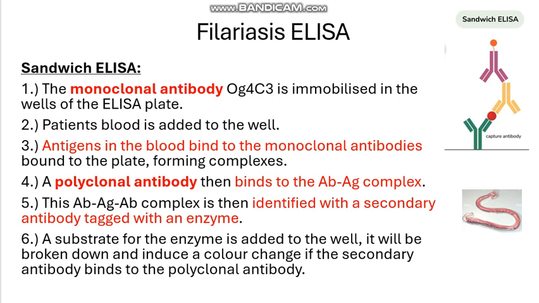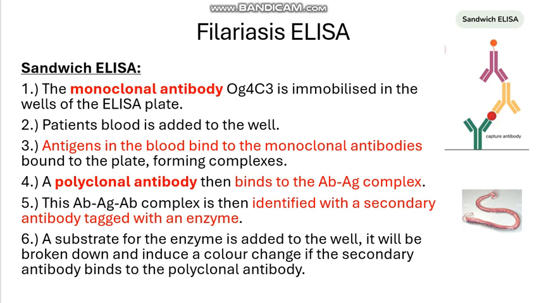A polyclonal antibody would then bind to this antibody-antigen complex, the polyclonal antibody being this yellow antibody, and then this antibody-antigen-antibody complex would be identified through the use of a secondary antibody tagged with an enzyme. You can see this purple antibody at the top would be the second antibody, and it would be tagged with this little orange enzyme at the top of the Fc region.